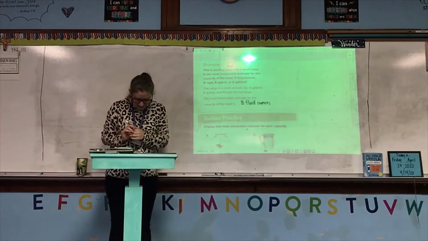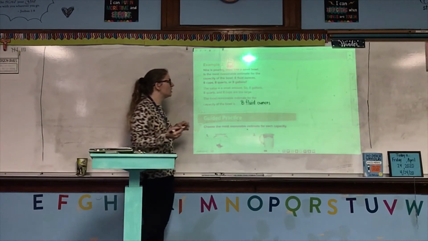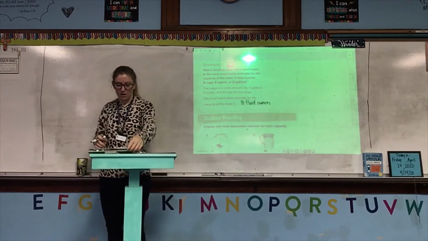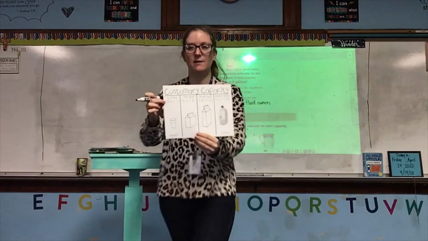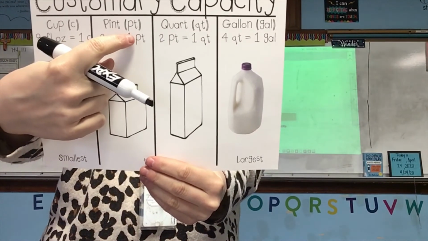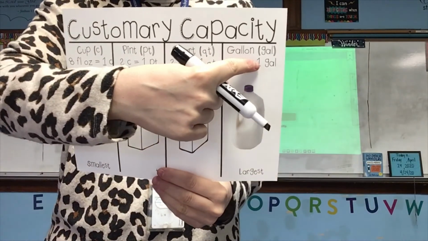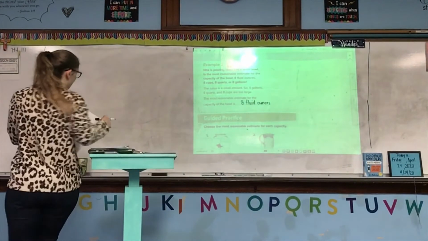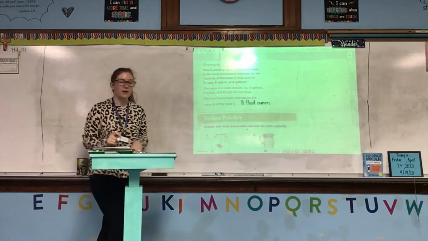We did see the abbreviations on, I forgot to point those out, but I'm going to write them right here. You don't need to write them because you have them on your anchor chart up at the top. I meant to point this out, but I forgot. You have cup with the abbreviation C, pint with the abbreviation PT, quart with the abbreviation QT, gallon with the abbreviation GAL, and you can use those abbreviations. You can either write the word out or you can use the abbreviations on your homework.